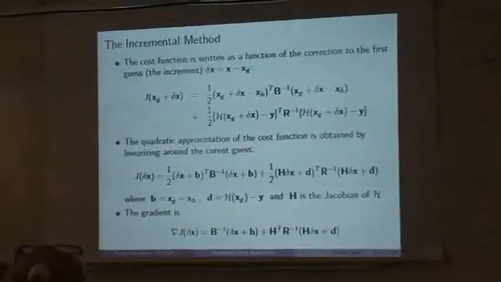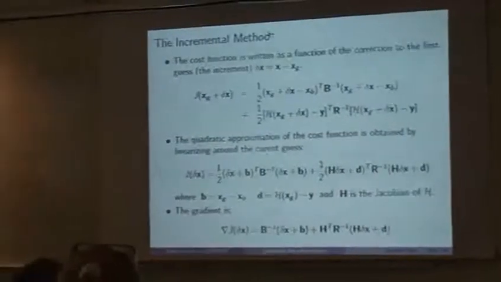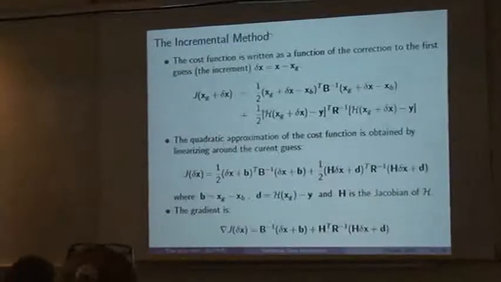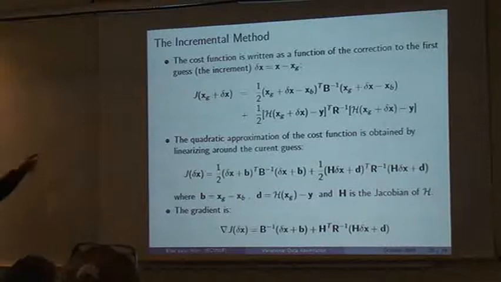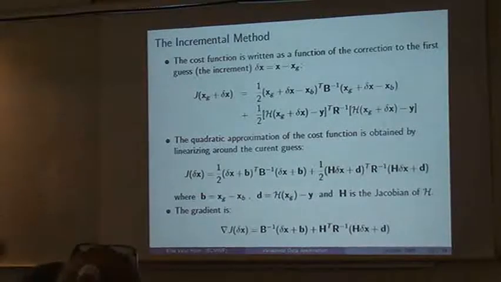You can rewrite that for each, in this linear part, with respect to your xg, or with respect to your previous iteration. And I don't go through this slide in detail because that is just variable substitution.